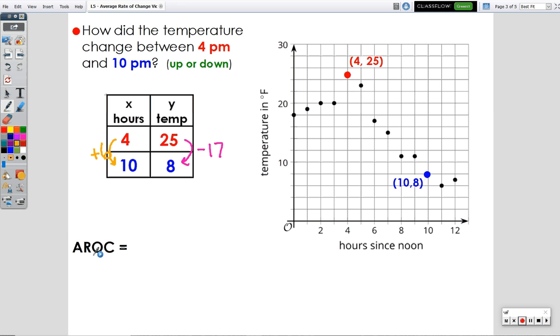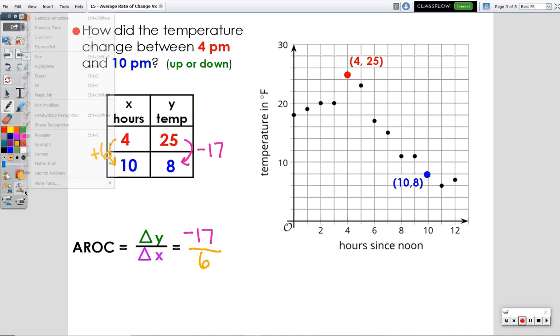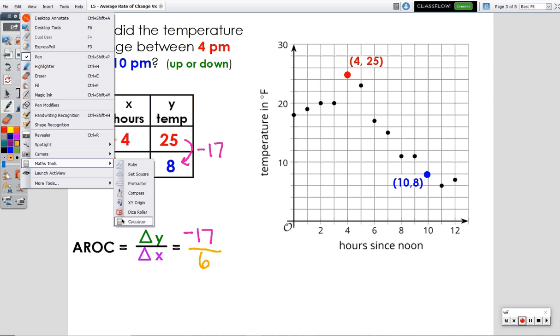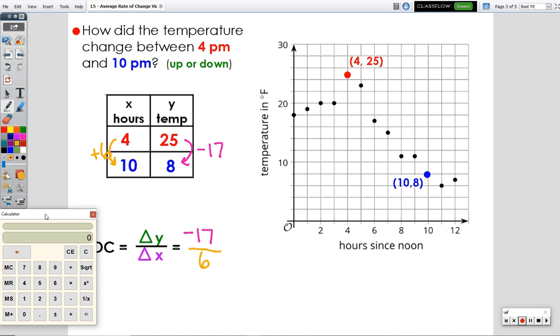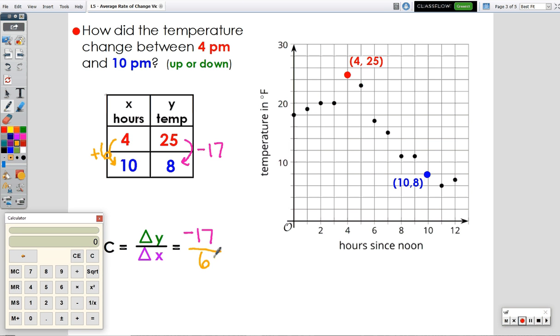So to find my average rate of change, I'm going to set up my change in y compared to my change in x. My change in y was negative 17. We dropped 17 degrees, and that was over a time period of 6 hours. Okay, this is almost finished now. What we need to do is turn this into a decimal so that we can really understand what's going on. We're looking for our unit rate. So we don't want to know how much it changed in 6 hours.